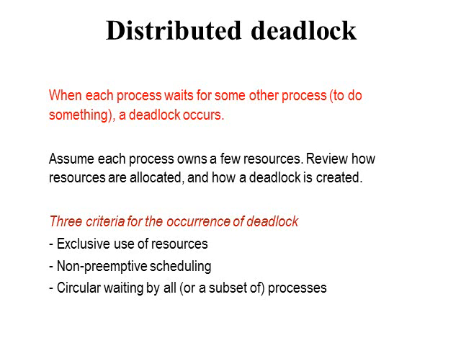So we are going to assume that every process owns a couple of resources, and we're going to take a look at how these resources are allocated and how this resource allocation ends up in a condition called deadlock. There are three main criteria or reasons why a deadlock can happen in a distributed system. The very first reason is exclusive use of resources, another term for which is mutual exclusion.